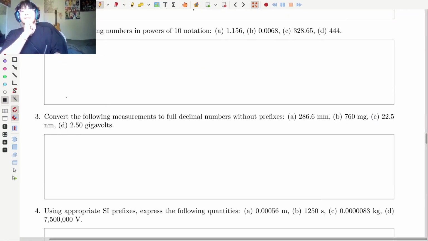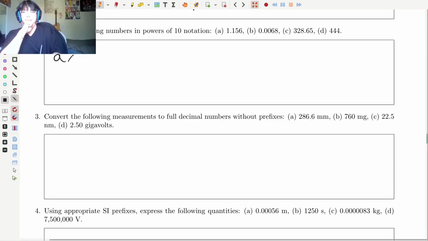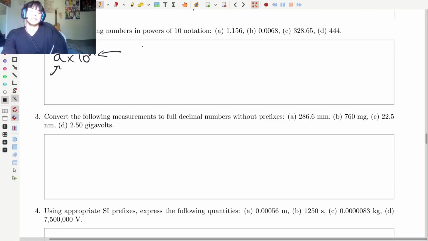Now we're going to write these numbers in powers of 10 notation. So what that means is that powers of 10 notation can be any number a times 10 to the n, where a is any number, n is any integer, positive integer, or any integer really.